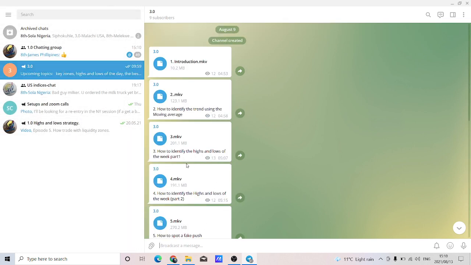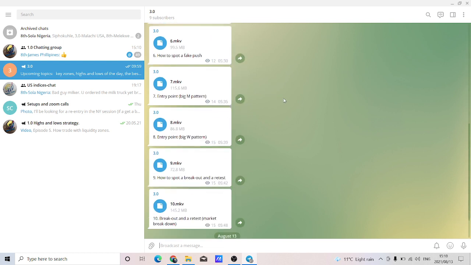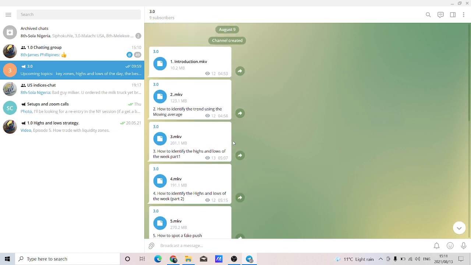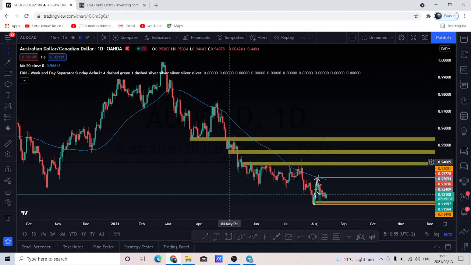So for my students, this is a course that I've created recently. This is the latest one. So here you're going to find the new strategy, which is the one that I was using here, which is a combination of the old one and the 2.0 one. So here I'm combining two strategies.